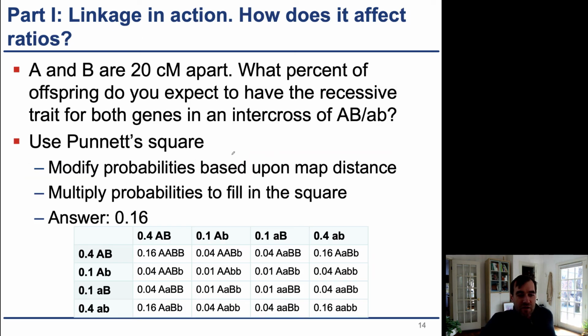So finally, what happens if I ask you for crosses between multiple heterozygotes? What happens in an intercross between individuals of this, AB, little ab? What happens if we cross 2 individuals together with the same genotype? What is the offspring that would be produced?